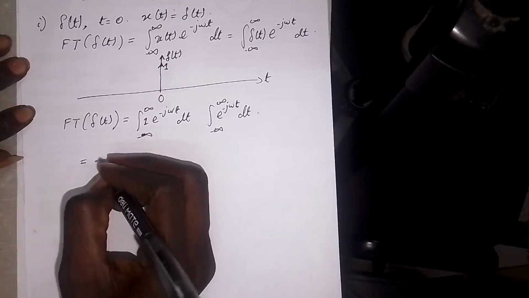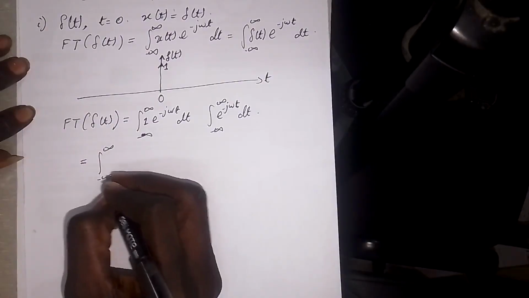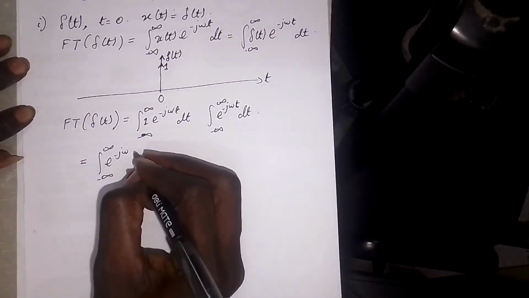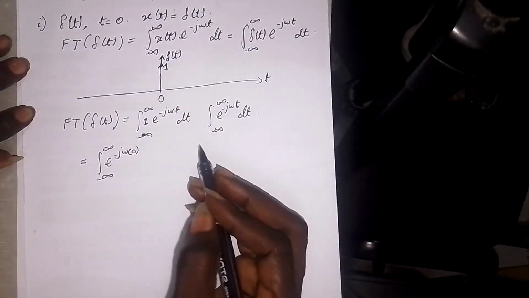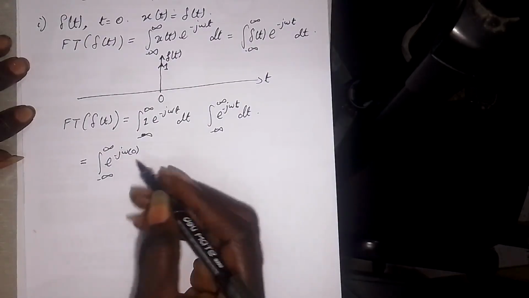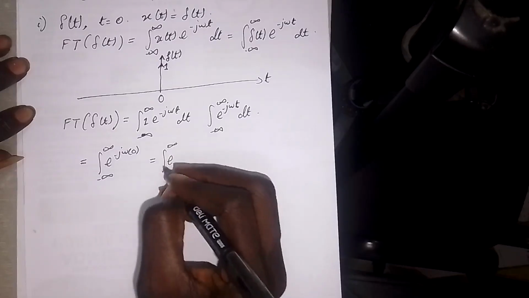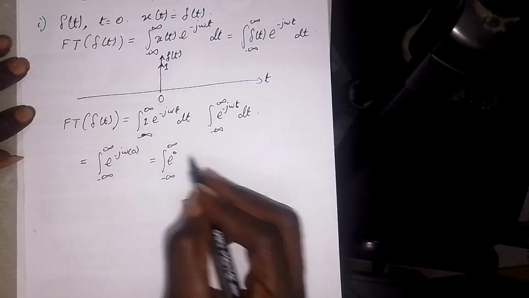So when I do that, it becomes e to the exponent minus j omega 0, because it occurs only at 0. Because here is 0, this whole exponent becomes 0.